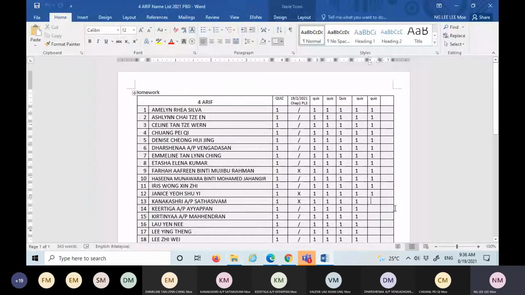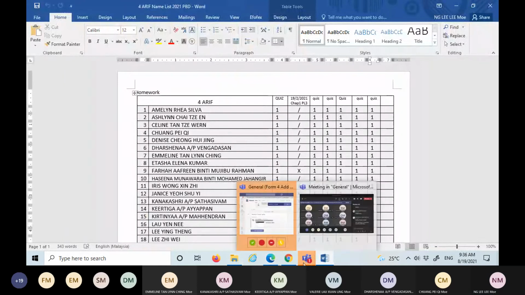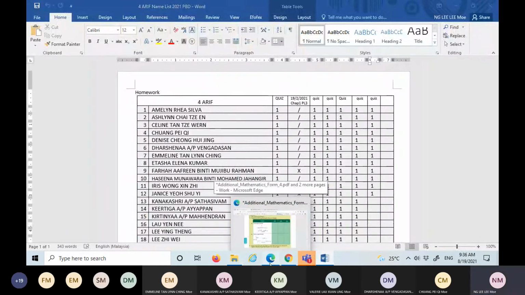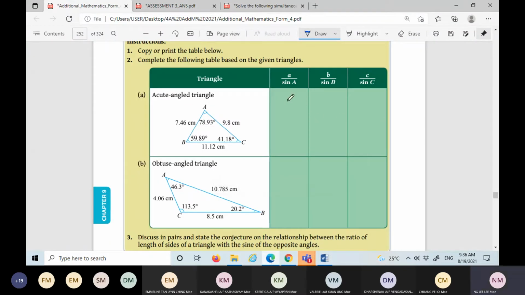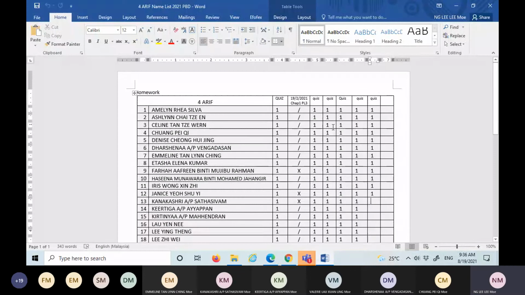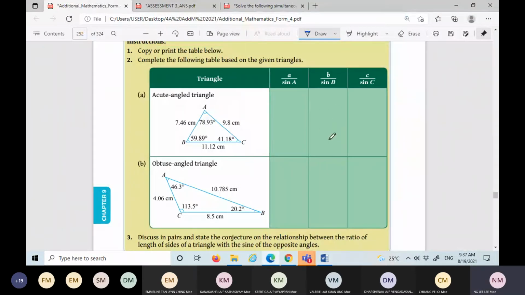Okay, Kanakasri, can you give me the answer for this? The next girl prepare. Kritika and then Kritinia. Kritika, give me this, and then Kritinia, give me this.